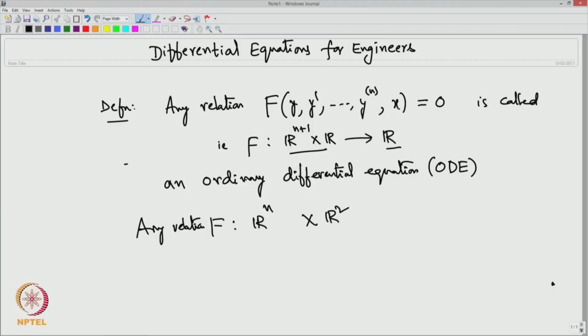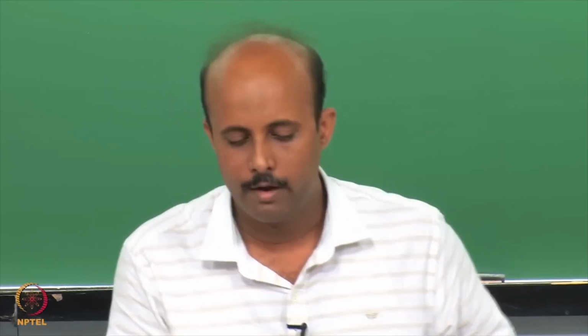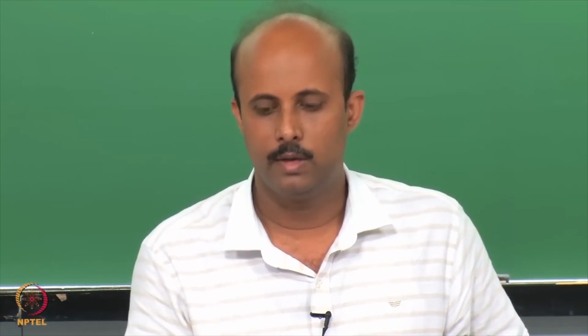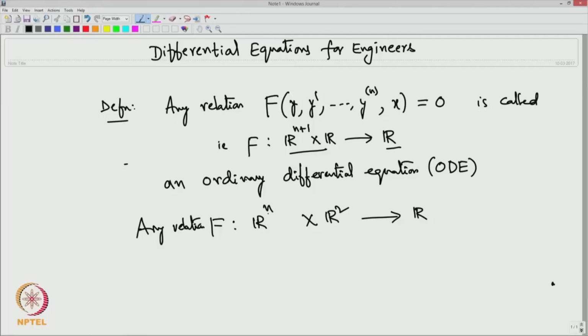So, instead of x I have x1 and x2, that takes two values here, to finally R, and y is the dependent variable. The dependent variable is always 1, because it is a scalar differential equation. So, you have y and its n partial derivatives with respect to x1 and with respect to x2.